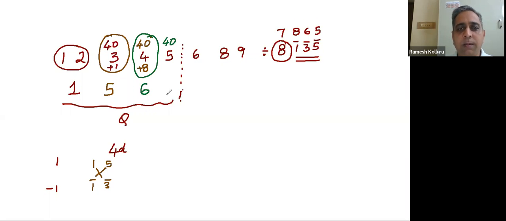Now here 1 5 6, here 1 3 bar 5 bar, right? So now it is a cross multiplication. So 5 plus 6 is 11 plus 15 is 26. So my addition will be 26.